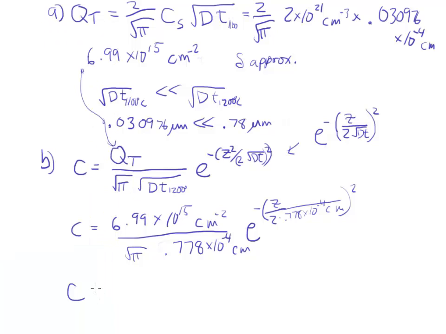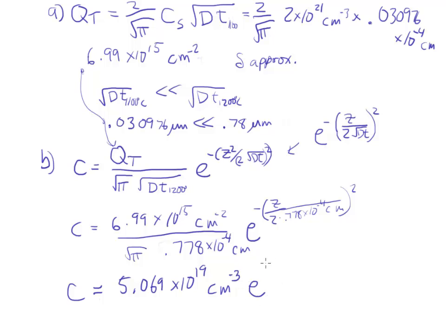So our formula becomes 5.069 times 10 to the 19th, and the units on this are per centimeter cubed, per cubic centimeter.